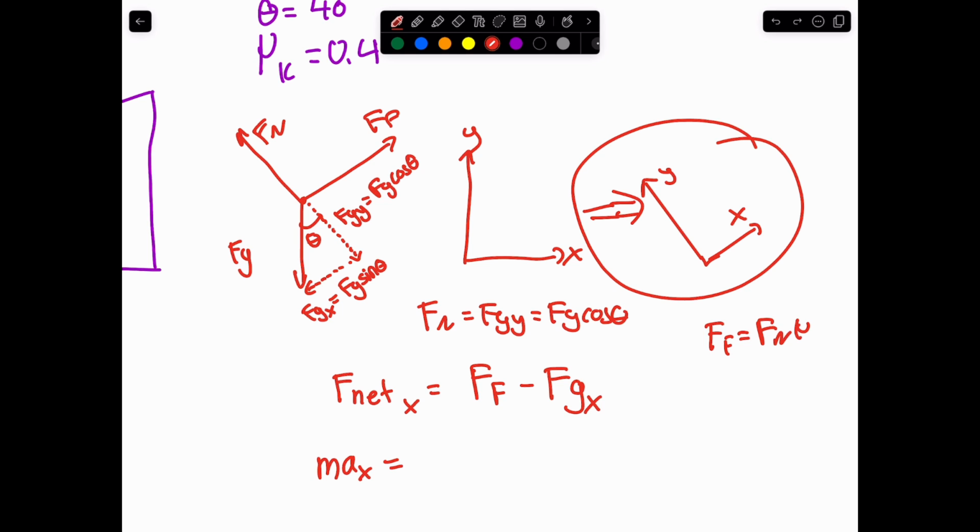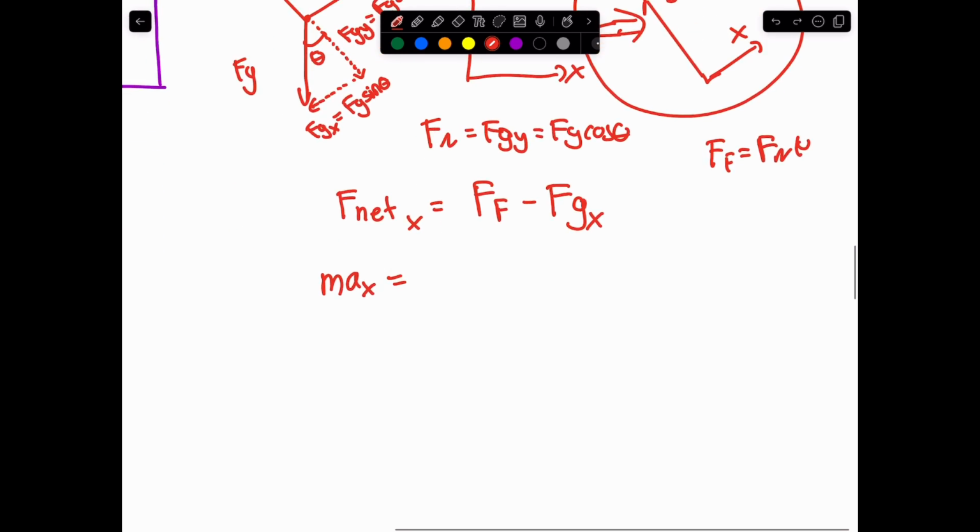Now Fn is also a value we know. I just wrote it down right here. It's Fg cosine theta. So Fg can also be substituted with mg. I just said a lot, so I'm going to write down all those steps that I just did. Ff is equal to Fn mu.